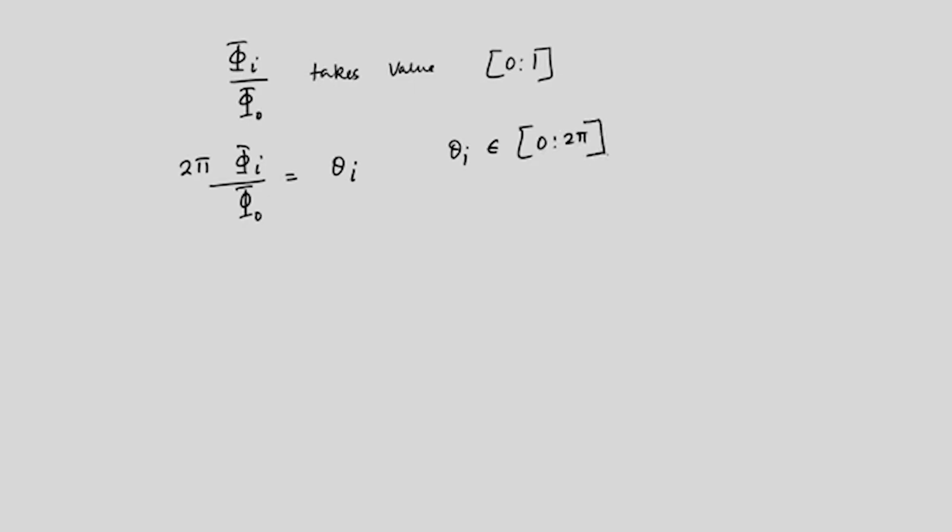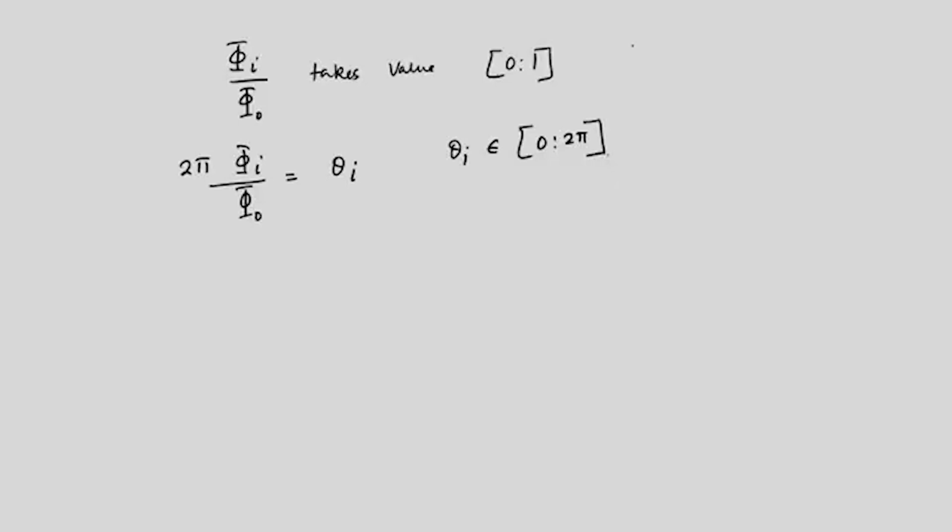I have just changed the condition so that I do not have to talk about any number and I can periodically talk about 0 to 2 pi, that is when phi I divided by phi 0 takes some arbitrary values.